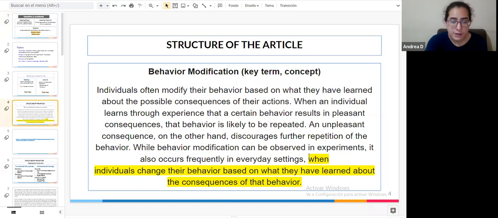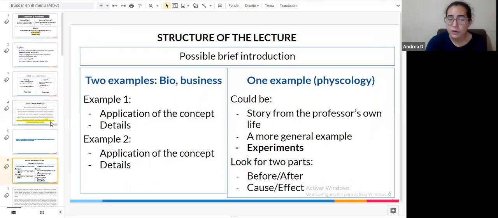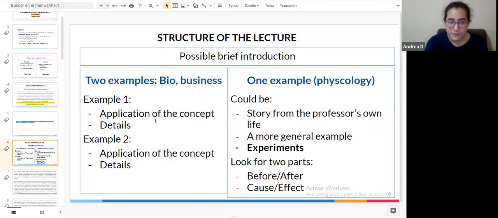So you will have some examples illustrating this concept of behavior modification, how you see this in action. Okay, so you want to listen to that part, try to catch that example or those examples, and take notes, of course.